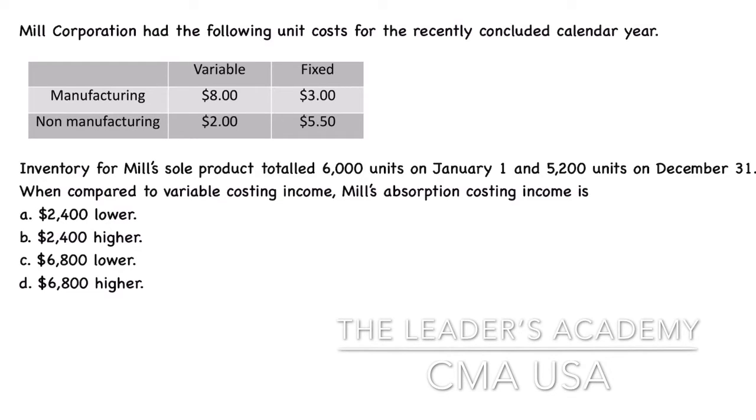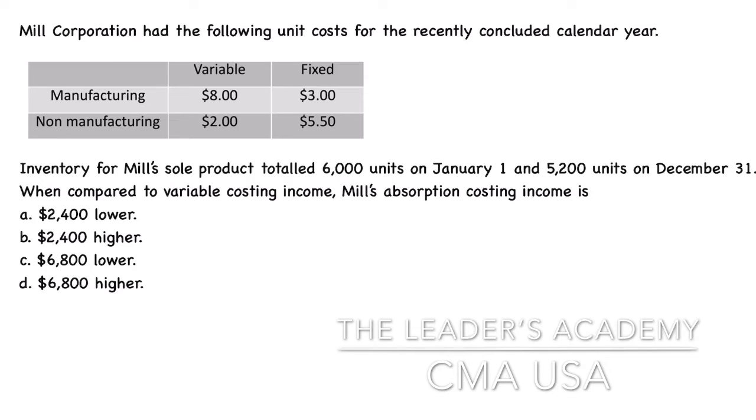Mill Corporation had the following unit costs for the recently concluded calendar year. Manufacturing variable cost $8, manufacturing fixed cost $3, non-manufacturing variable cost $2, non-manufacturing fixed cost $5.50.